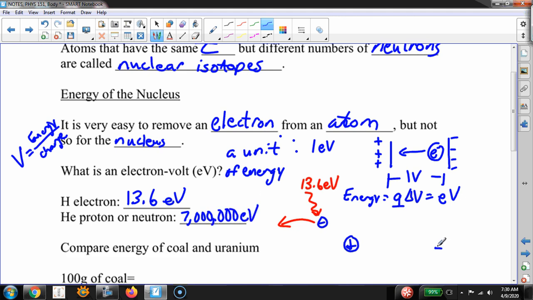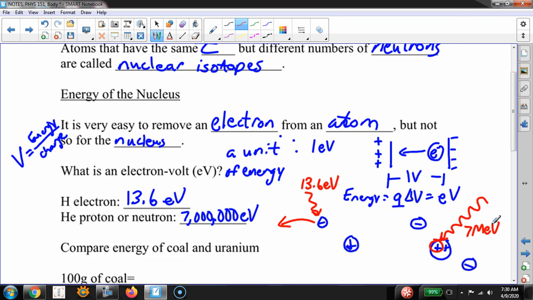So if I imagine a helium atom, which has 2 protons and 2 neutrons, if I want to remove one of these protons right here, I have to give it a much bigger source of energy, which has an energy equal to 7 mega electron volts, or 7 million electron volts. So you see, it's a much different thing when I'm talking about the energy required to remove an electron and the energy required to remove a proton.